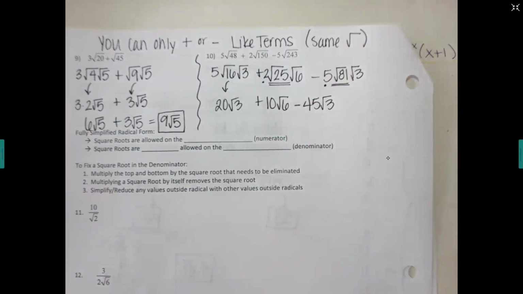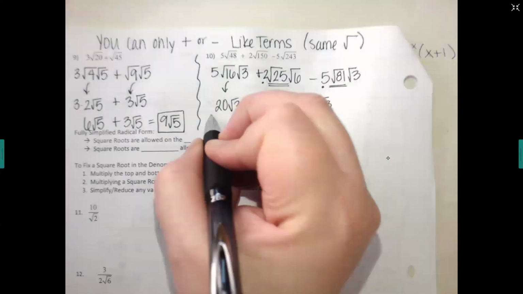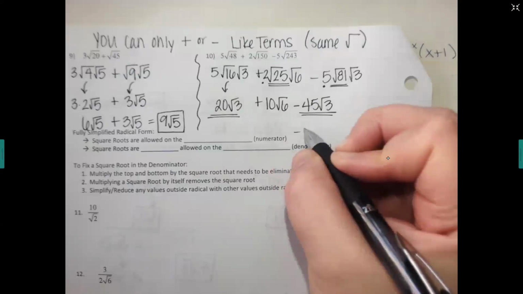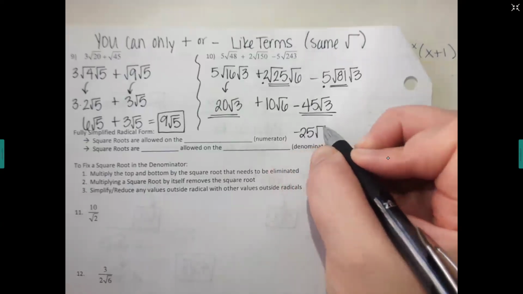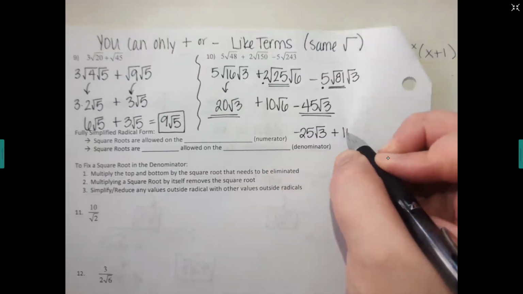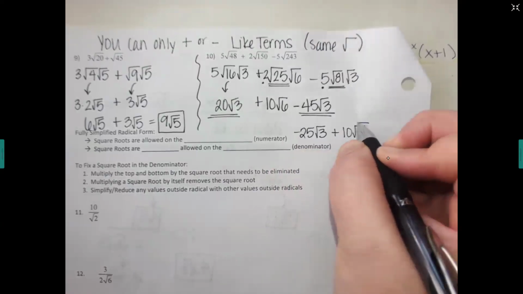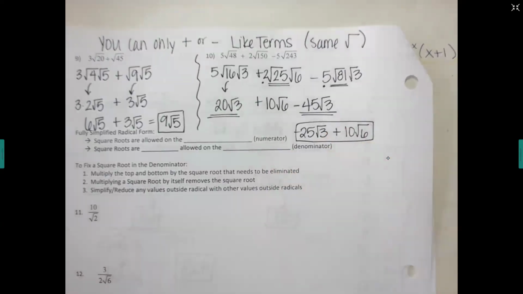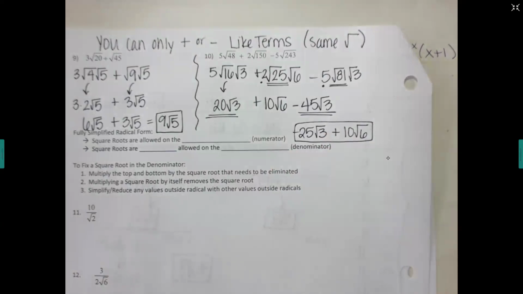So if I have 20 and I take away 45, what are these two going to be when I combine them? Negative 25 root 3. And then plus a 10 root 6. Okay? But you can only combine with addition and subtraction if they're like terms, meaning the square root matches.